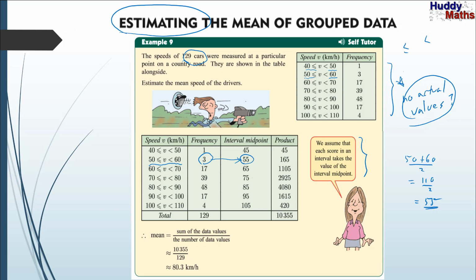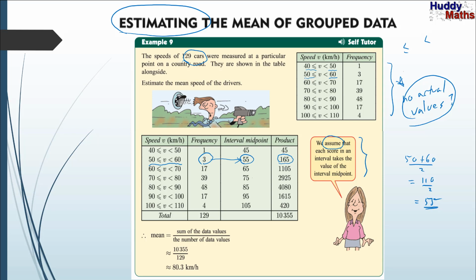That would give you the same total score for the group as all of them added up. So we say the total of that group is equivalent to 165. We're assuming here. Not good, but we can't do anything else. We've lost the original data set.